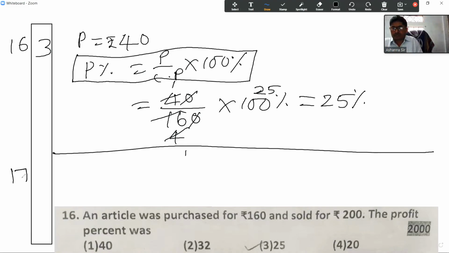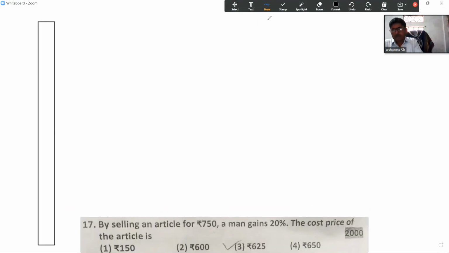Next, the 17th one. Question number 17. By selling an article for 750 rupees, a man gains 20%.